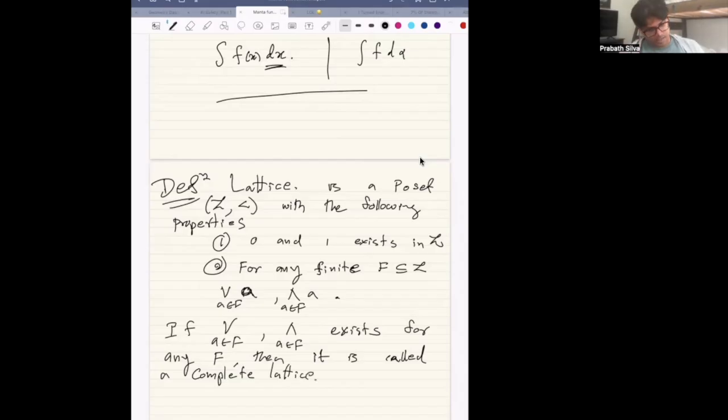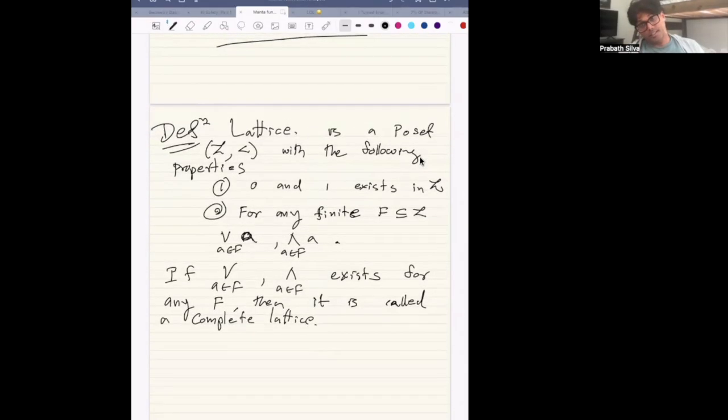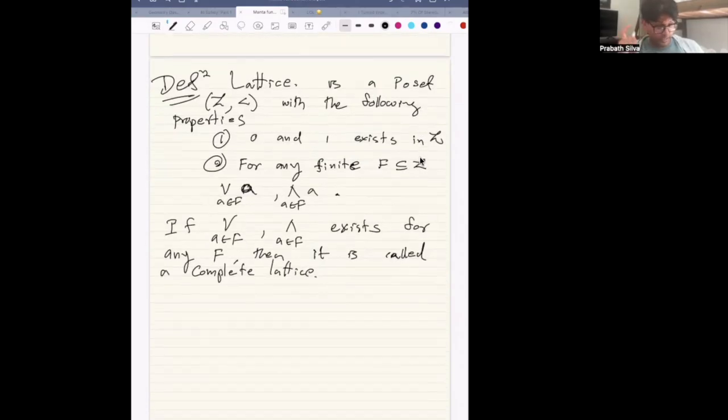So if the join and meet exist for arbitrary subsets, we call it a complete lattice.